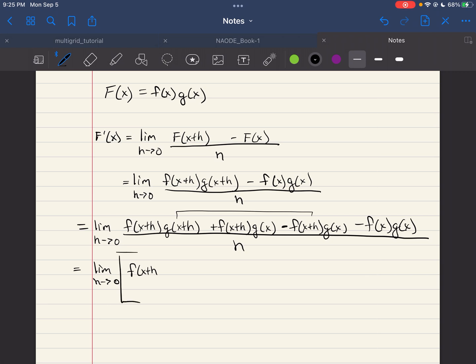So put this in brackets, and then we have in here g of x plus h minus g of x, all divided by h, and we'll separate this fraction into two fractions. So then we also have these other terms.